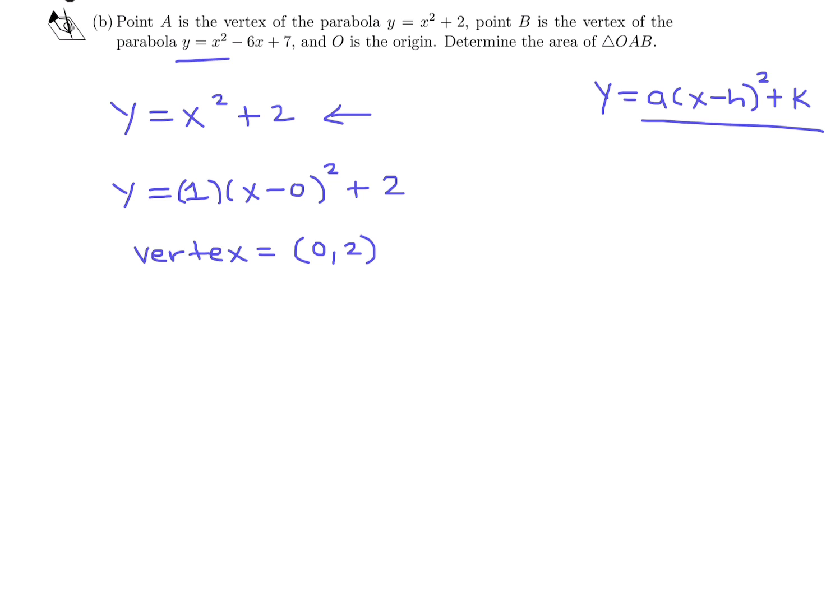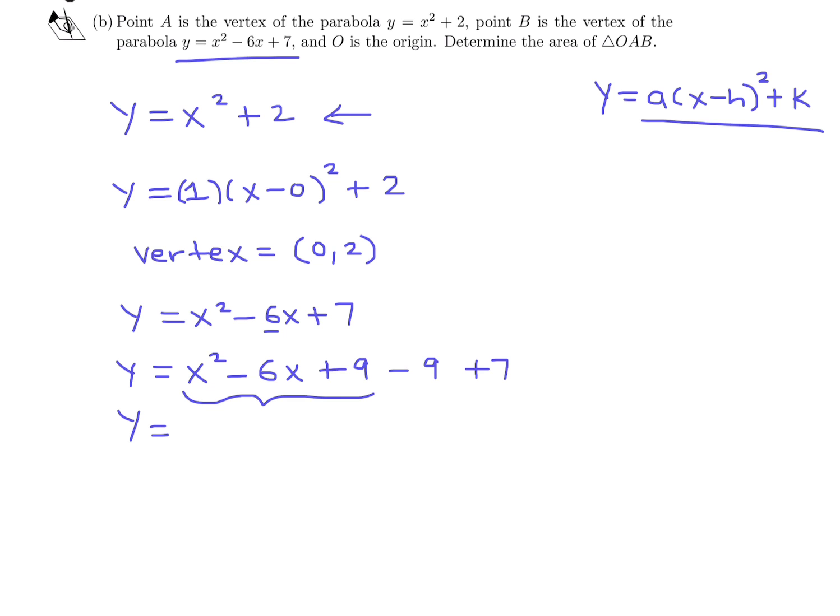Now the next one, y = x² - 6x + 7. This one requires us to complete the square. So remember, you take half of that coefficient, which in this case is -3, and then square it. That would be 9. And then, of course, you have to subtract the 9, and then plus 7.